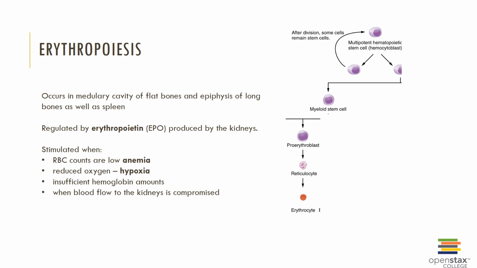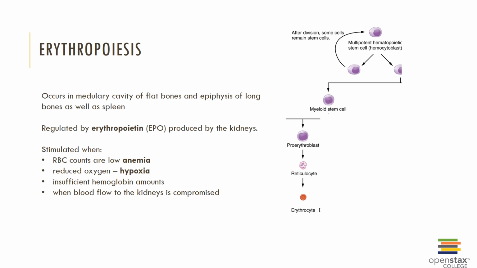The reticulocytes squeeze through the capillary walls within the bone marrow and enter the circulation to mature. After 24 hours of circulation, the cell becomes a mature erythrocyte. Regulation of this process occurs via erythropoietin, which is produced primarily by the kidneys.